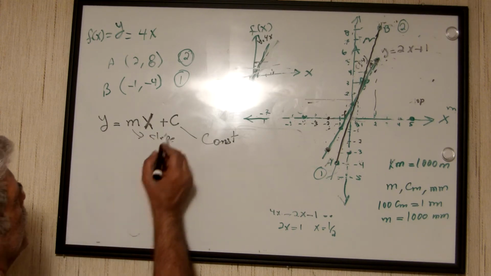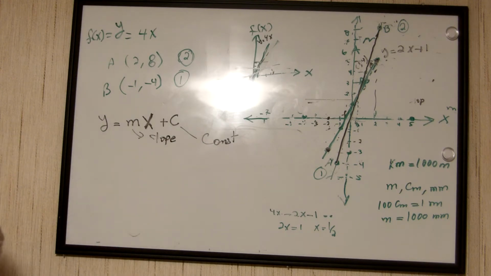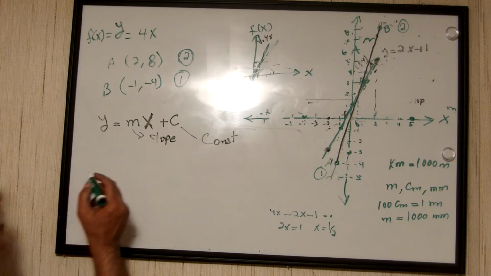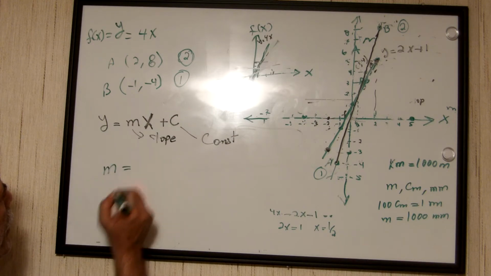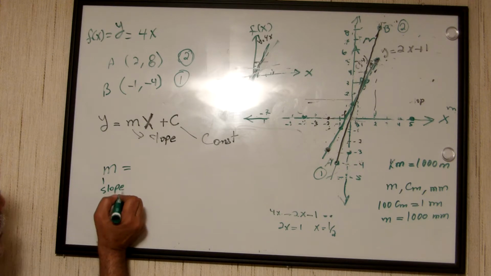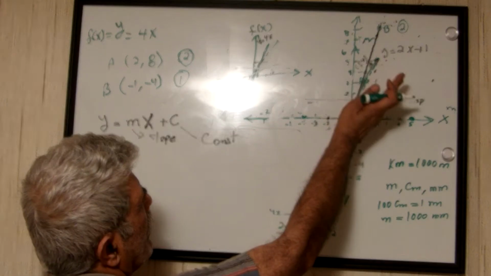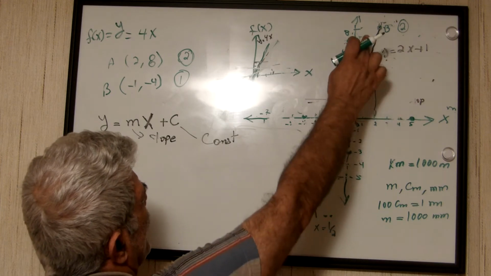What we are going to do, you know that there is a formula for a slope. This is a slope, meaning how steep the line is.